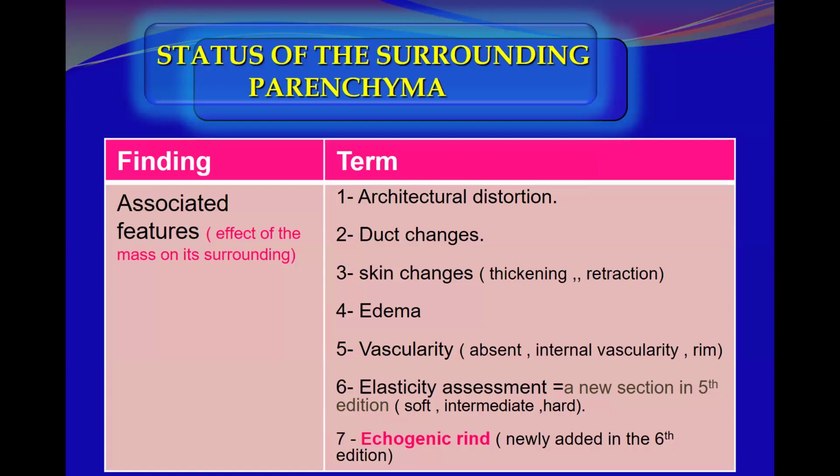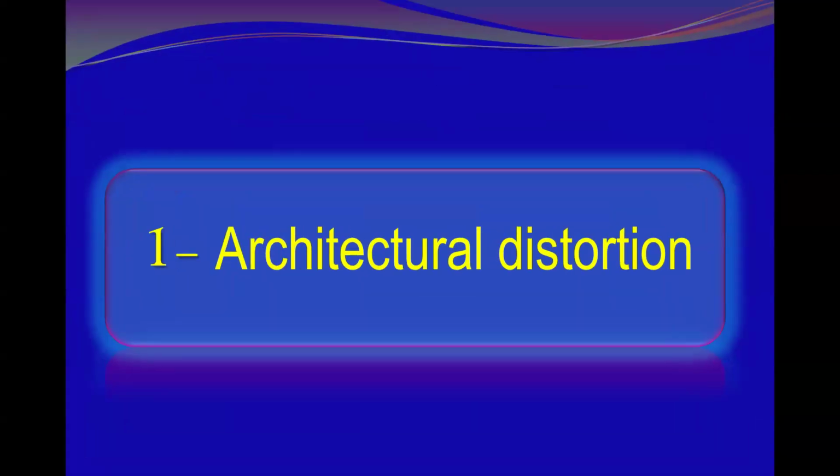And number 7 is the echogenic rind. This associated feature is newly added to the ACR Atlas in the 6th edition, the latest edition. We are going to talk about it in today's presentation.